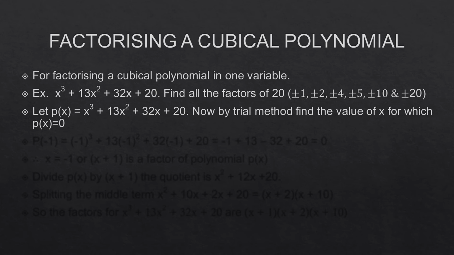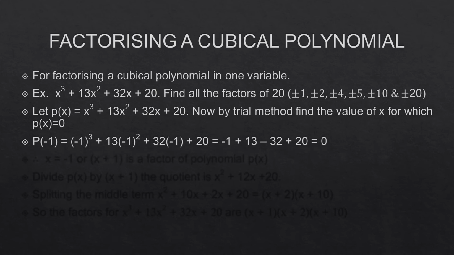Now all the factors are there. It is a trial and error method in which we put in values of x from these factors, and whichever value gives 0, that is the one we take. The first one we have tried is minus 1.